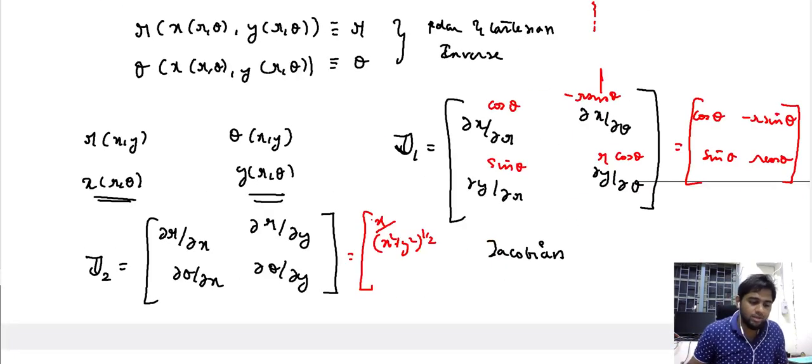In a similar way we arrive at the second term, which would be y by (x² + y²) to the power 1/2.